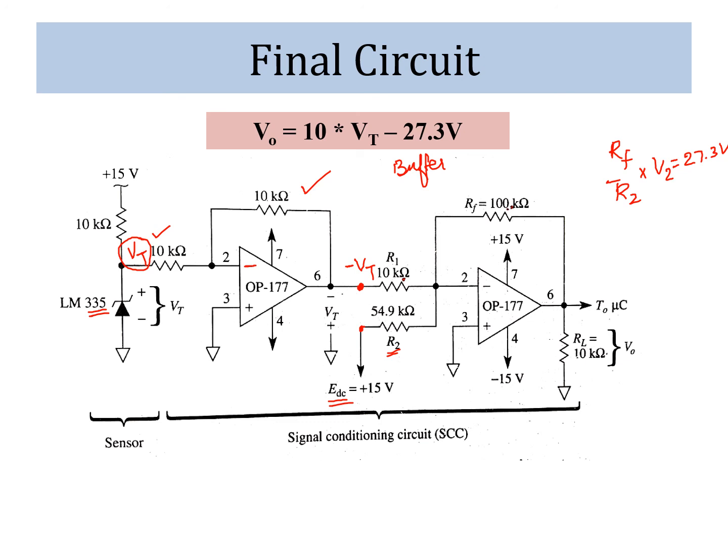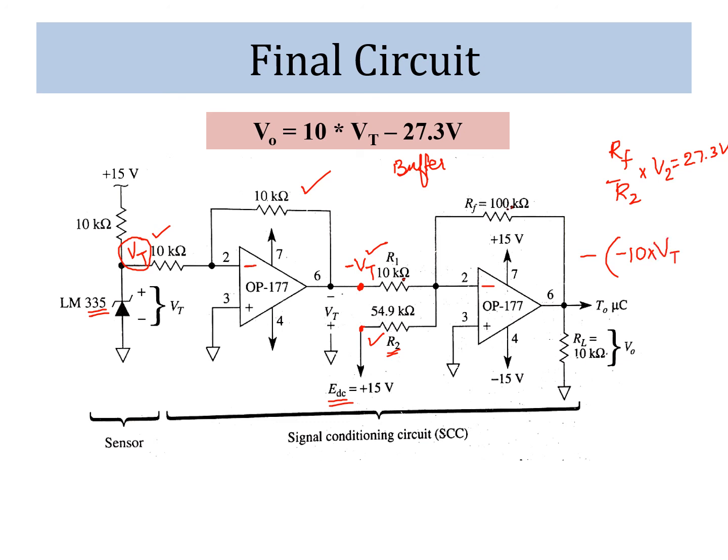So now what we have is a summing amplifier. It is the summation of Vt and this VDC, which is ultimately 27.3 volts. But since we have applied it at the inverting terminal, in response we get minus 10, that is the amplification due to Rf upon R1, multiplied by Vt.